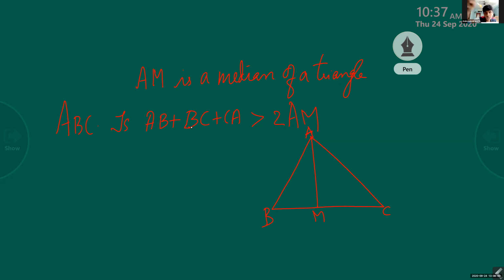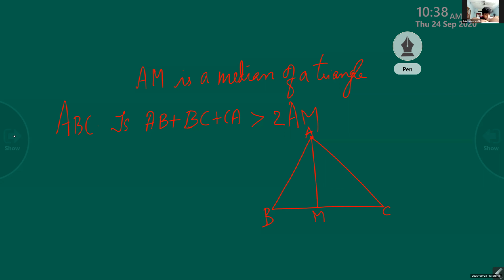Read the question first. AM is a median of a triangle ABC. Is AB plus BC plus CA greater than 2AM? AM is a median, it is given.